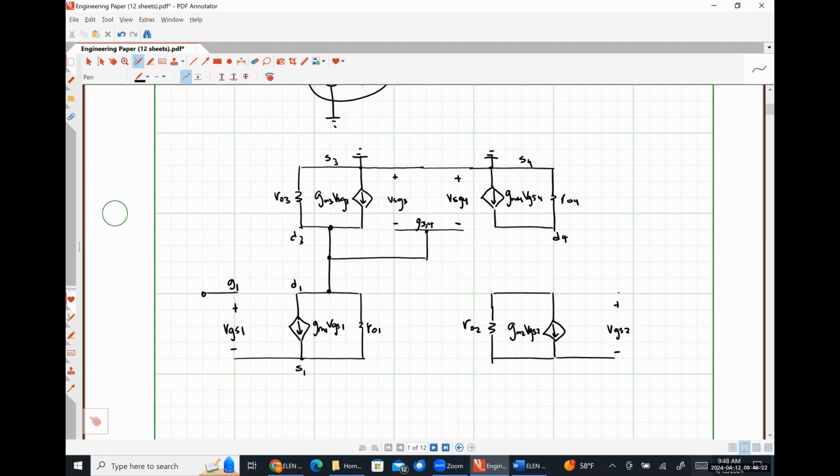Here's VGS2. So this is the gate of 2, the source of 2, the drain of 2. My drains for my NMOS and my PMOSs are tied together. This is the node that I'm taking my output voltage at. We know that the sources are tied together.